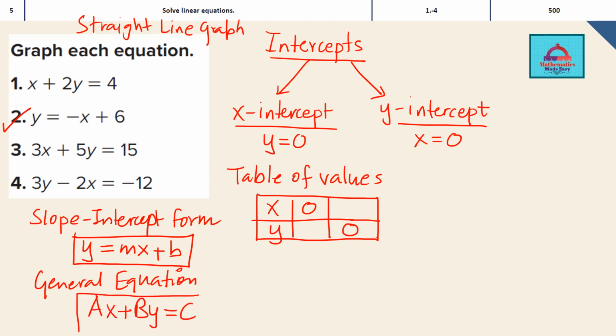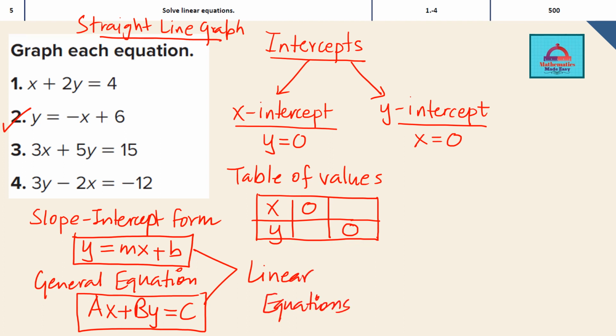Questions 1, 3 and 4 are in the general equation form. Once you have an equation given in either of these forms, you know it's going to be a straight line graph, as these are linear equations. So let's now see how we solve these questions using the concepts of intercepts and linear equations.